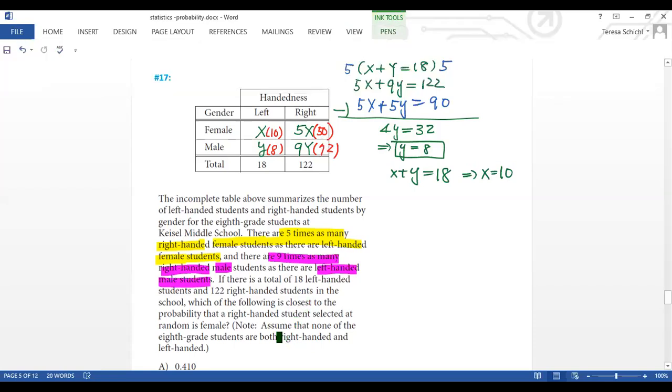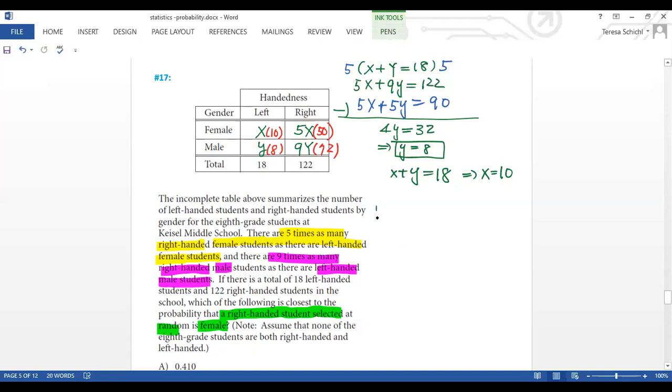So let's see here. Which of the following is close to the probability that a right-handed student selected at random is a female? That means I'm selecting a student and its right-hand side is a female.